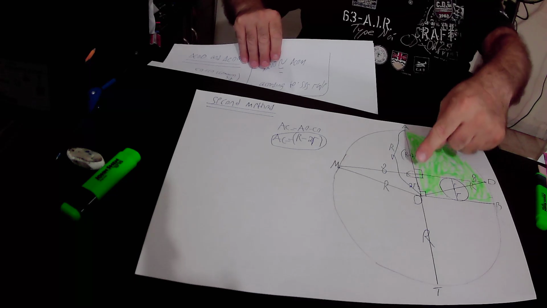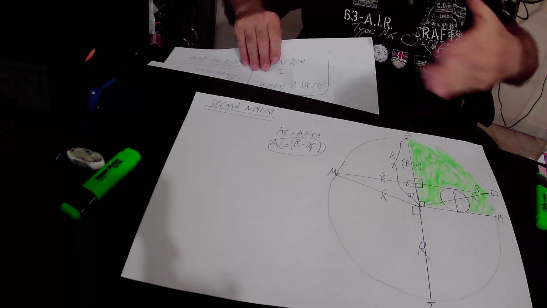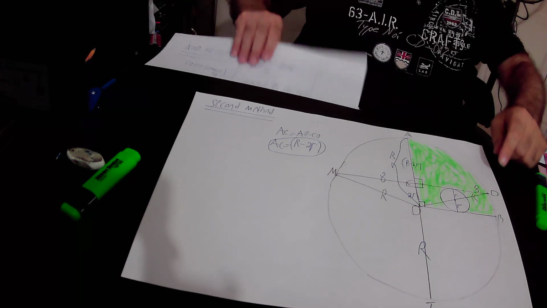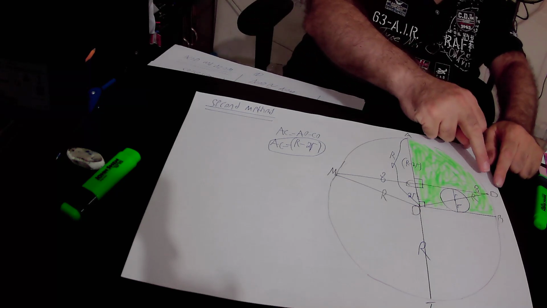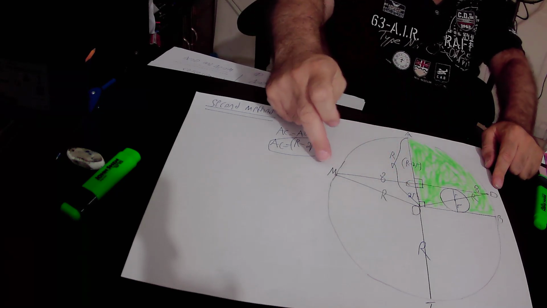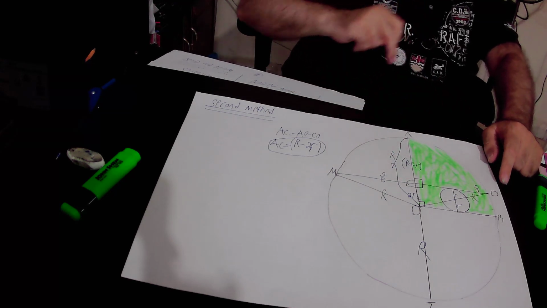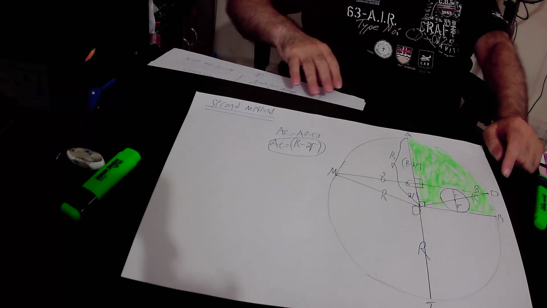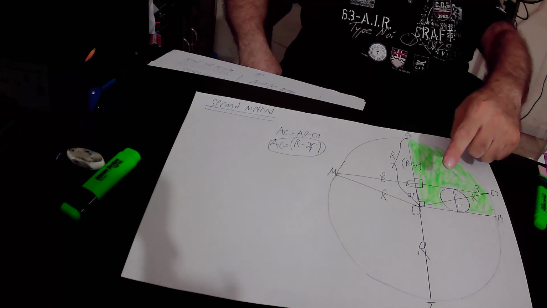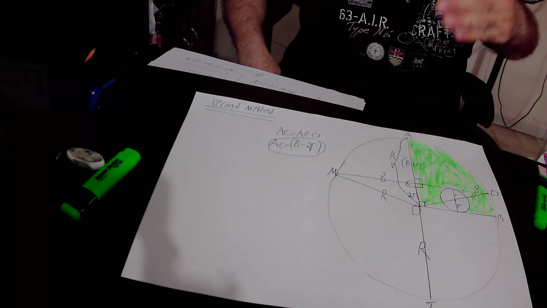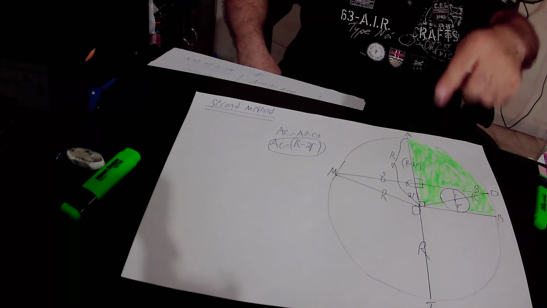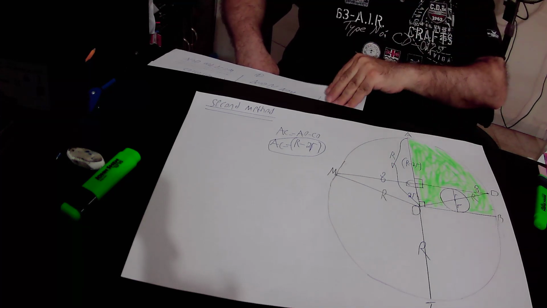First of all, CO is a common side that belongs to both triangles, so CO equals itself. In the next step, we have DO equals OM. They are both the radii of the big circle, therefore they are equal to each other. So by proving that the hypotenuse and one perpendicular of those two right triangles can go in, we prove that those two right triangles can go into each other.